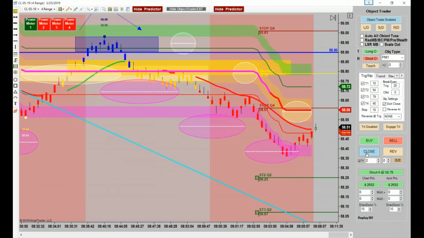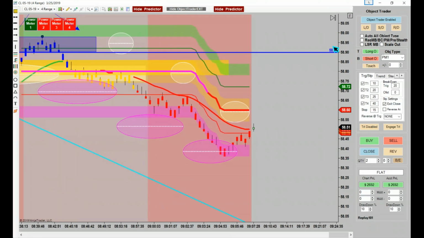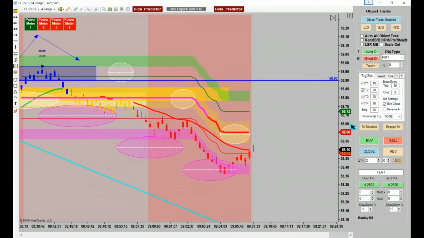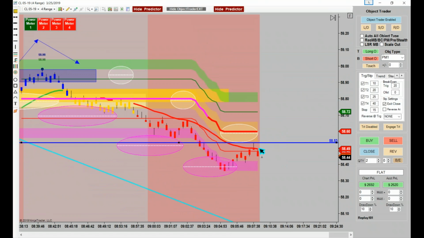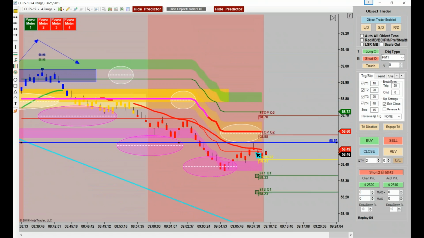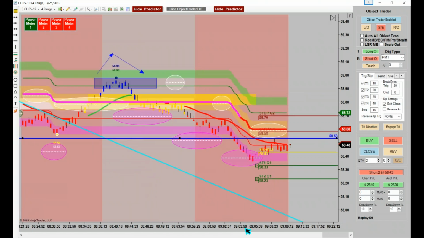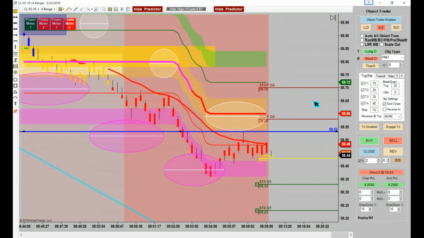Does anybody remember, if you weren't even in this trade this morning, what trade is setting up right as we speak right now? Because Charles and I called this in the room this morning. It's a predictor trade, and it is also a minimum criteria trade. Anybody remember that? Everybody knows what minimum criteria is, right?